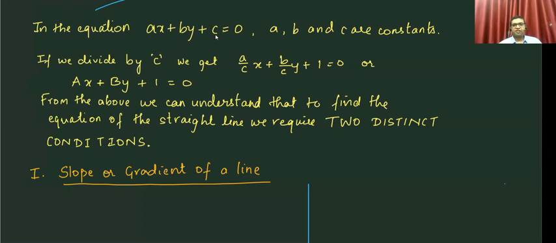Here ax plus by plus c equal to 0 is there. Suppose ax plus by plus c equal to 1 was there. Now you can write it as ax plus by plus (c minus 1) equal to 0, again with two independent constants. So generally independent constants have to do with the number of variables you have, x and y. Good question.